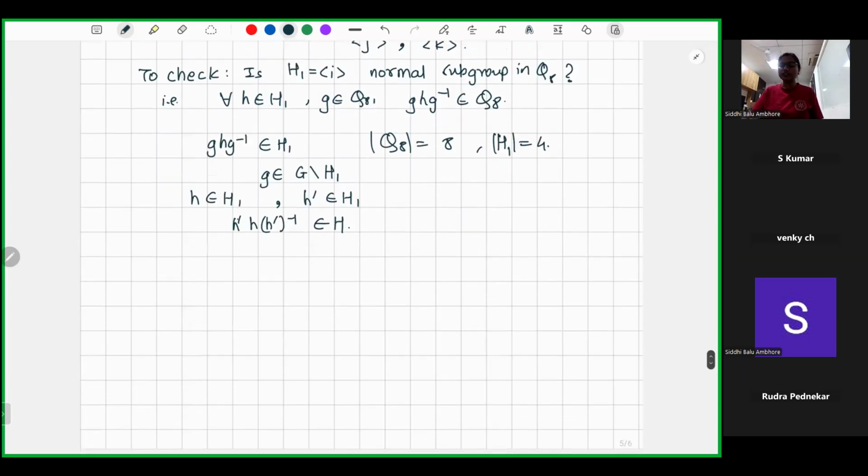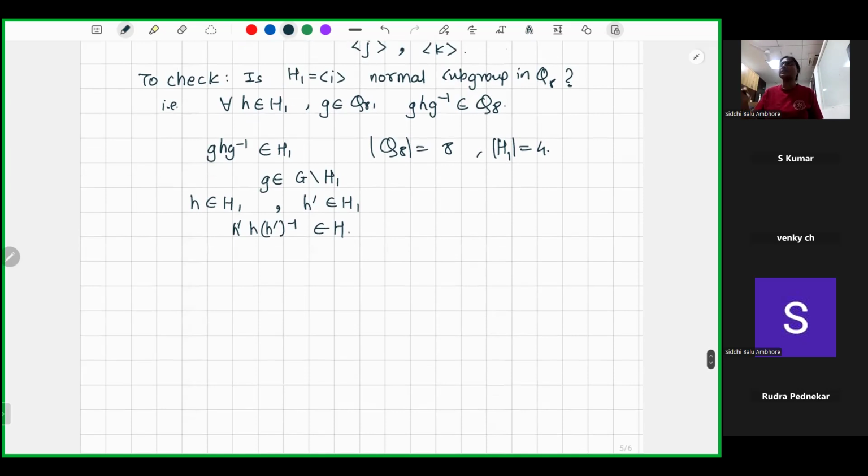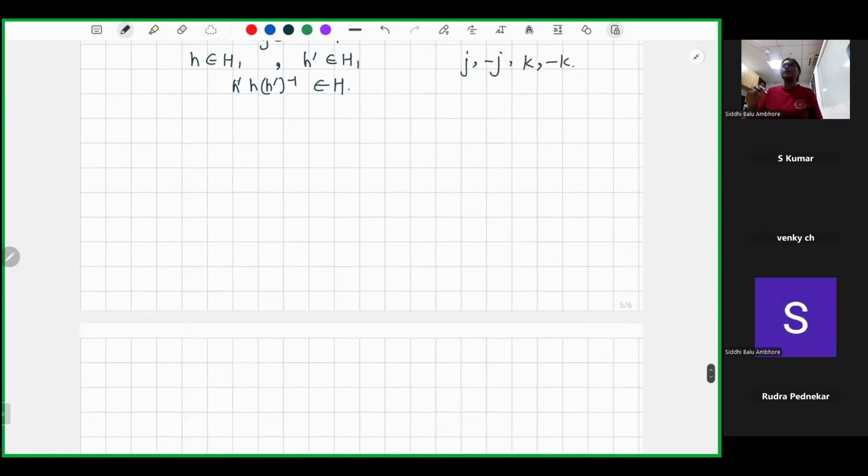So we will only choose elements which are not in H1 in order to check this condition. So what are those elements? Those are j, -j, k, -k. These are the only elements which are not in H1 and are in Q8.